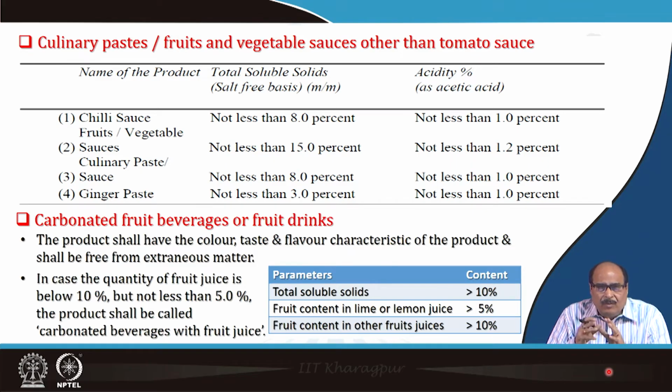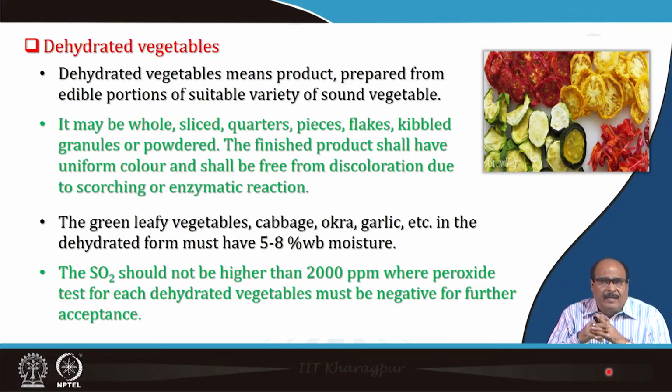Okay. So, the total soluble solids in this case should be more than 10%, fruit content in the lime or lemon juice should be more than 5%, and fruit content in other fruit juices should be more than 10%. These are as per the guidelines.